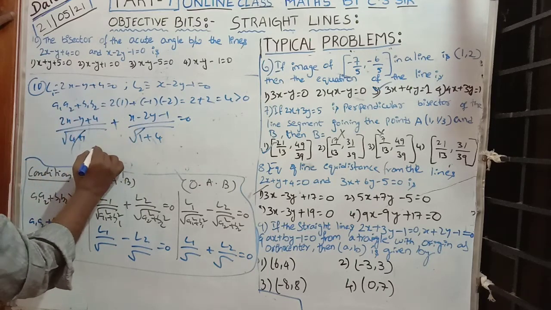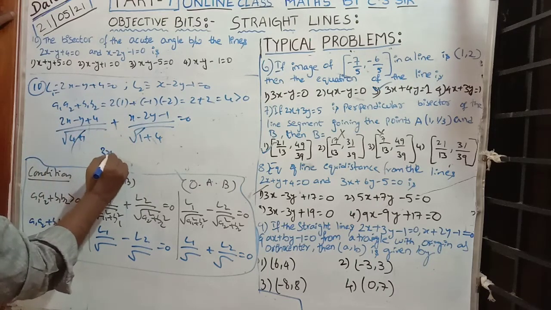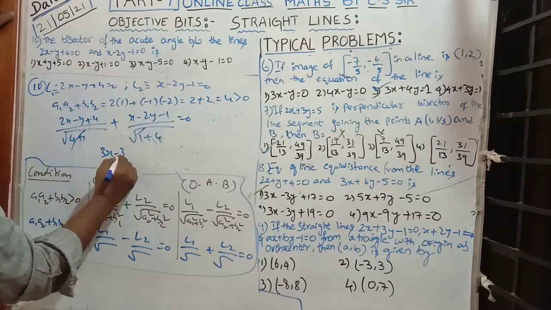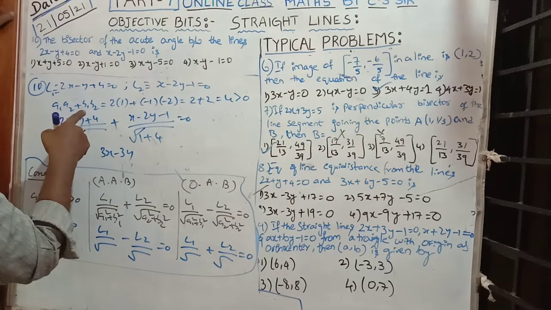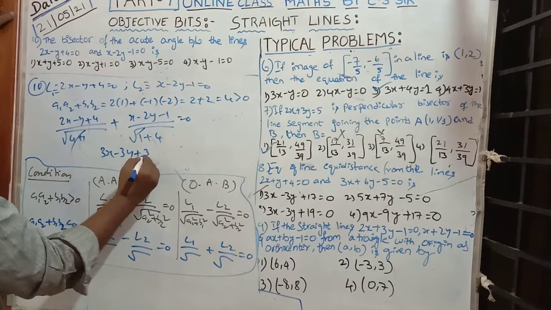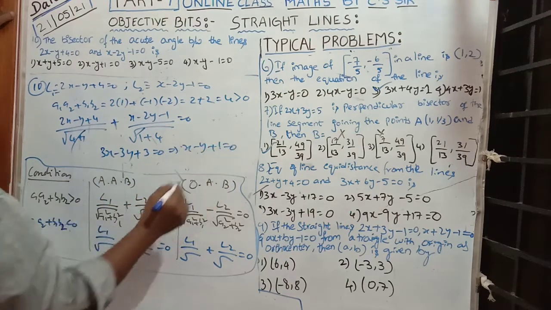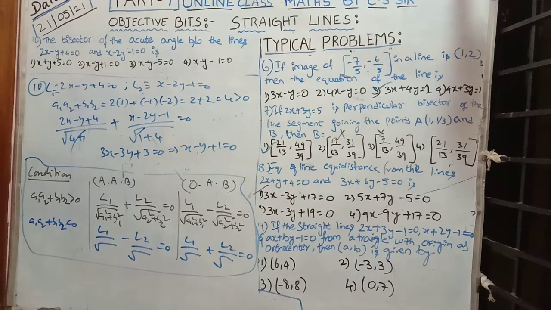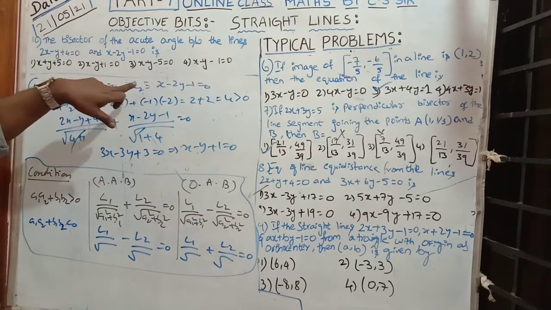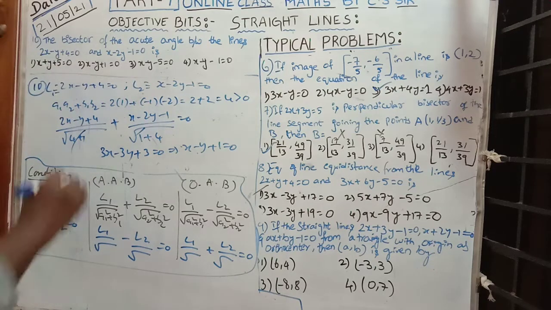So 2x plus x is 3x, minus y minus 2y is minus 3y, and 4 minus 1 is plus 3, is equal to 0. That implies x minus y plus 1 must be there.